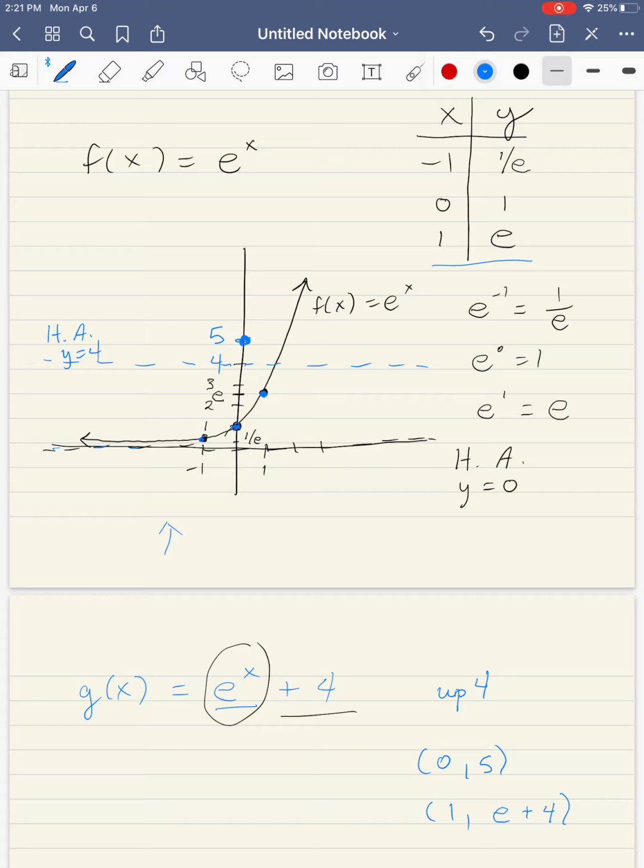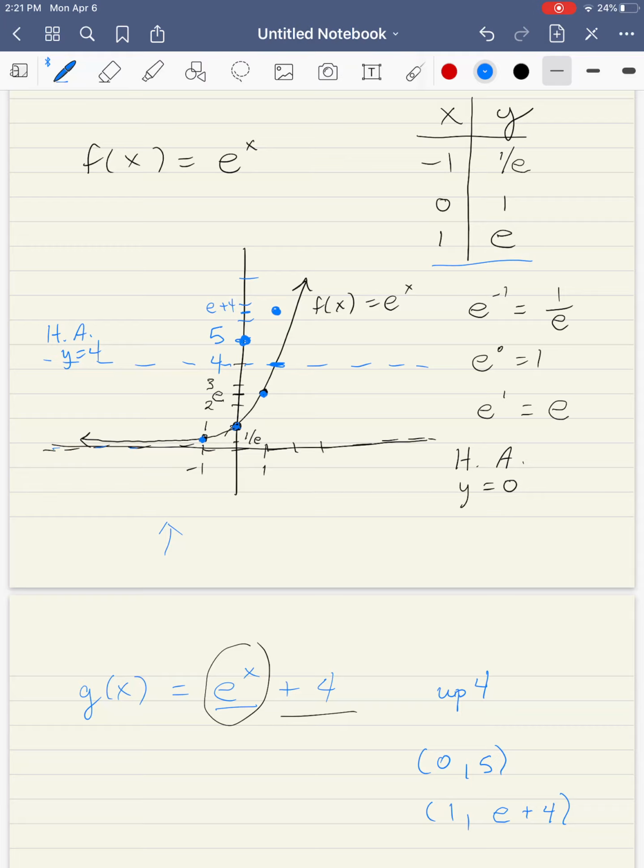So it moves up 4 units to about right here. And I can check that by saying that I am e units off of my horizontal asymptote.